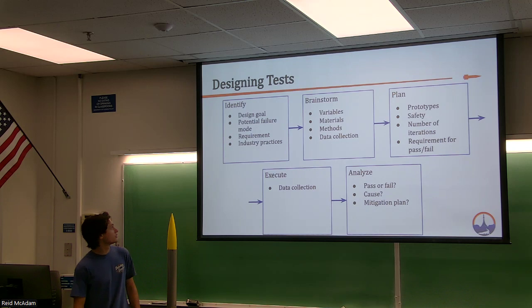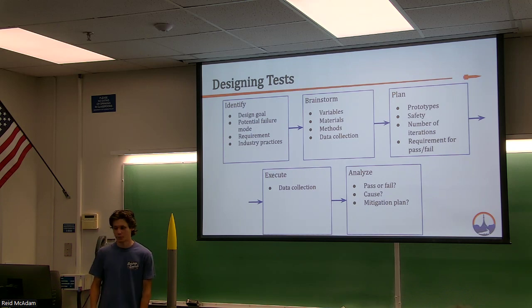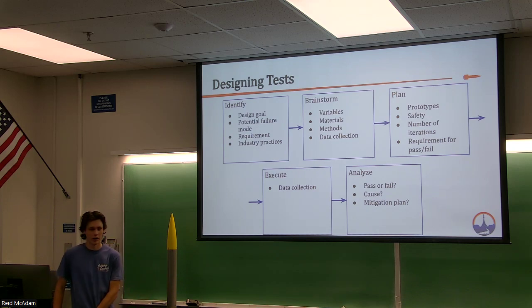And then we've also got to look at our potential failure modes. Just like when we were comparing design and tests, we've got to figure out what can fail. How are we going to make sure it won't? Or how are we going to find out that it will, so we can do something about it? Then you've got the requirements.